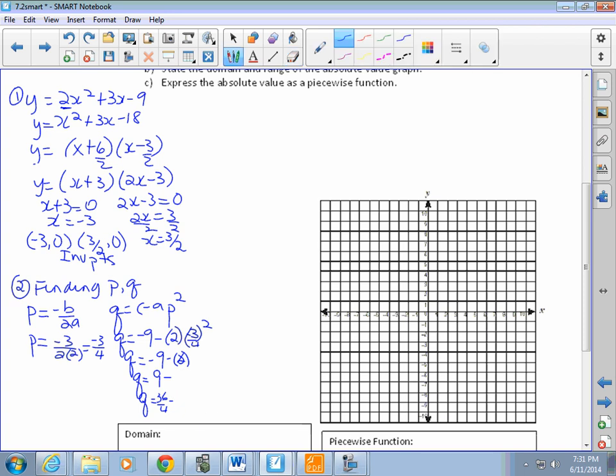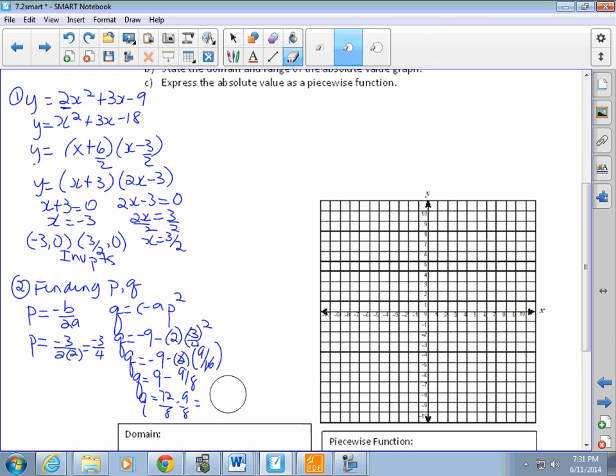When I square 3/4, it turns into 9 over 16. So that, when it cancels, will be minus 9 over 8. So this becomes 72 over 8 minus 9 over 8. So that leaves us with 80, no, not 80. 72 minus 9, 63 over 8. Yeah.